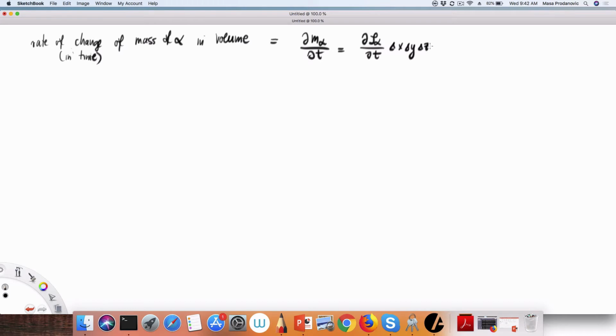These are derivatives, these wiggles. Derivative in time of m alpha. And it's the derivative of density times volume, right? And volume is not changing, so I can just scale it out. Now that change is due to what enters, what's added or removed through the sides, right?